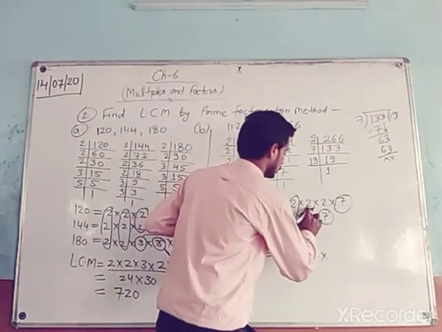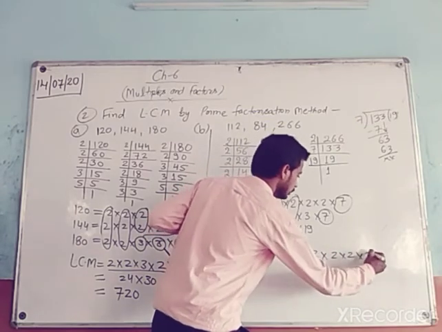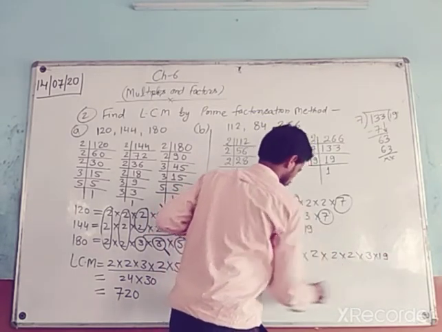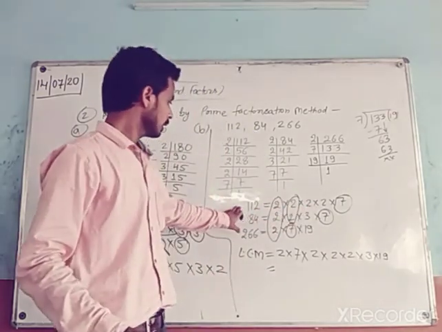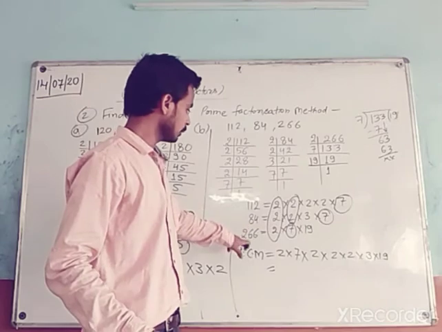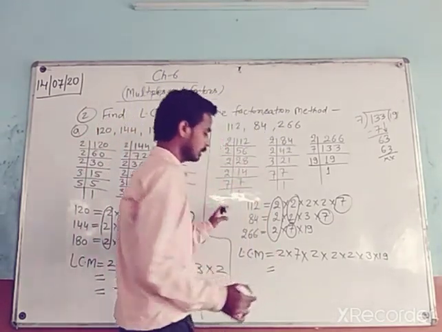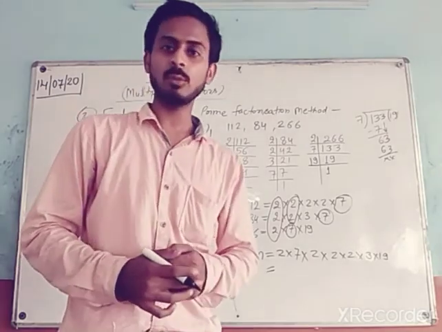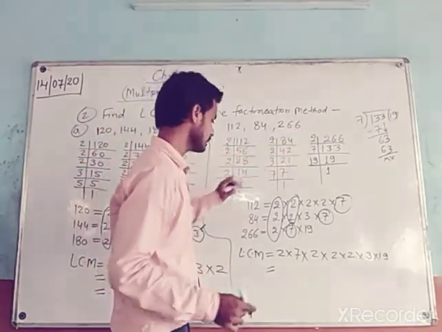Then 2, 2, 3 and 19. These numbers are left, which are not common in any number like 112, 84 and 266. Now the product of these numbers is the LCM of 112, 84 and 266.